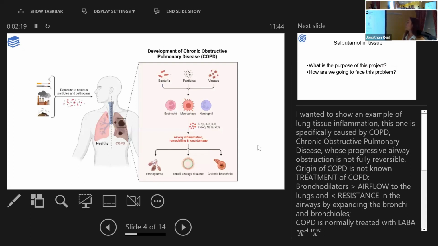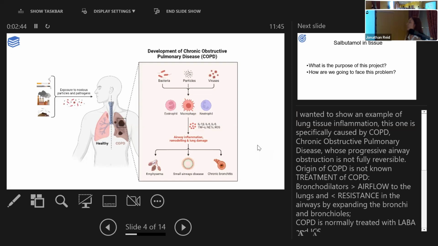So I just wanted to show you what a chronic disease in our lungs actually means. This is the representation of a healthy lung and the lung of a person with COPD. We get exposed every day to smoke, noxious particles and pathogens, and they trigger our immune system.